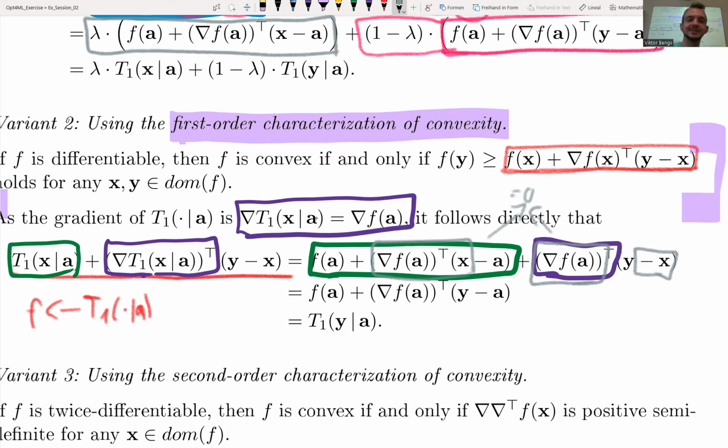A bit confusing, but if you look at it, it's quite interesting. And well, we have here equality, and the inequality is then in particular also fulfilled, so that with the first order characterization we can conclude that it is convex.